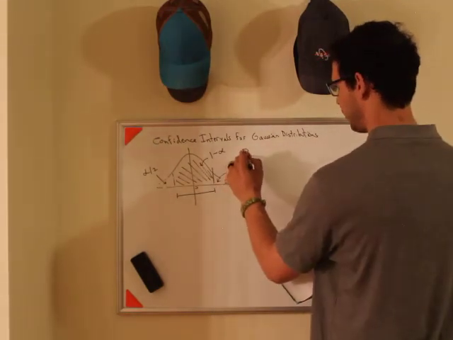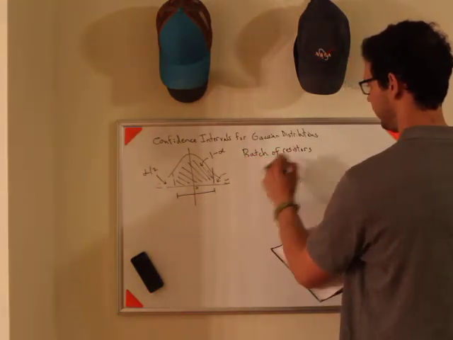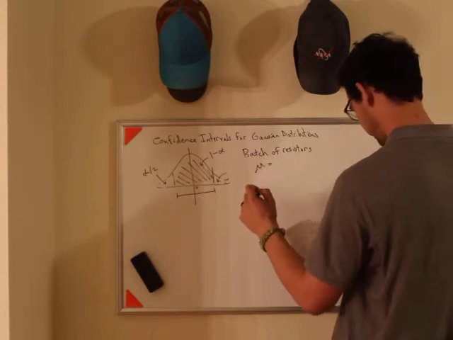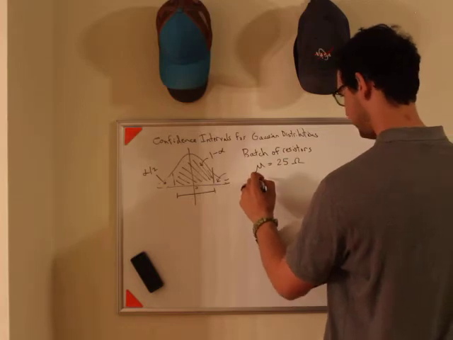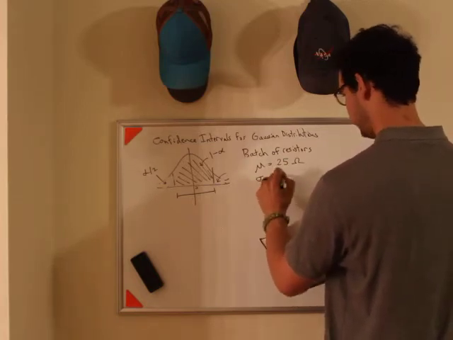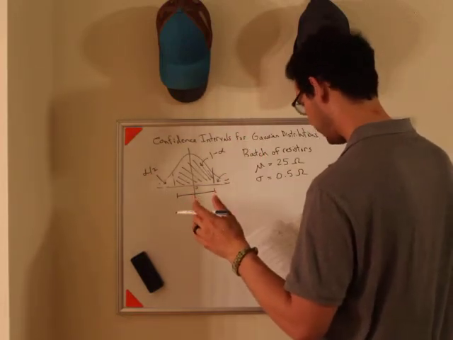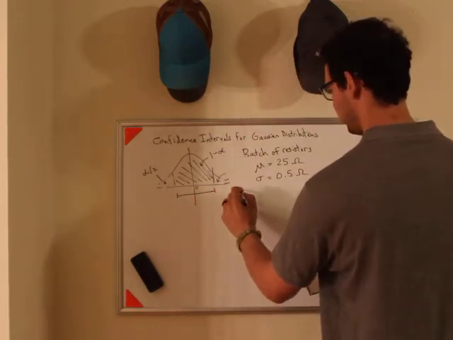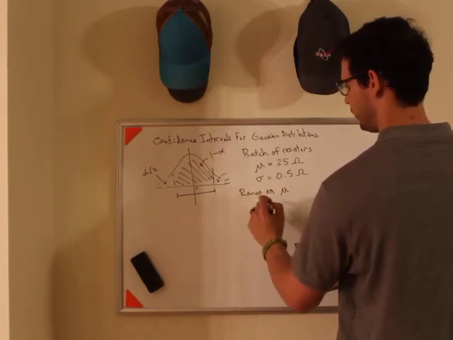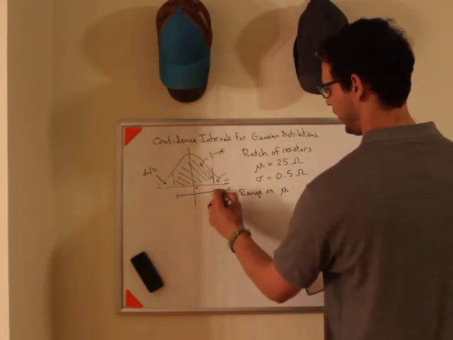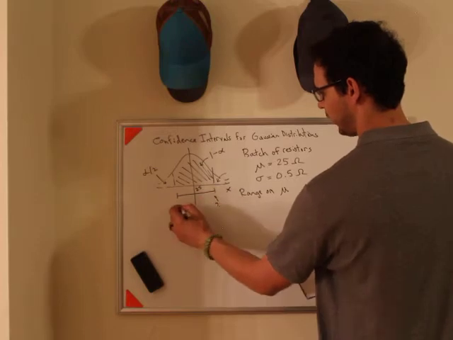Let's say you have a batch of resistors. And the mean of those resistors is 25 ohms, and the standard deviation is 0.5 ohms. I want to know the range on mu. So if I change this to x and I put 25 here, I want to know what this variable is.